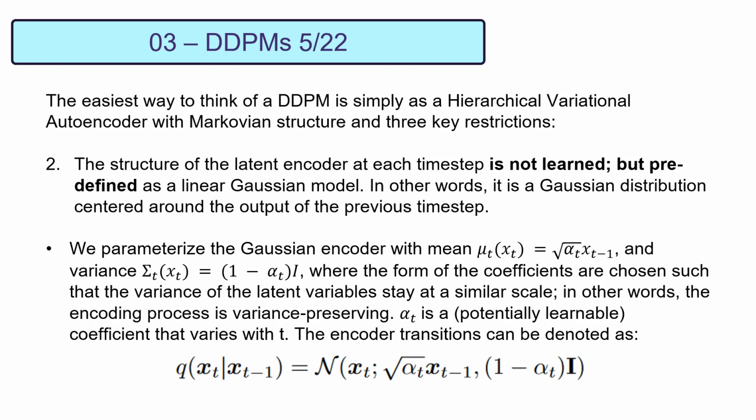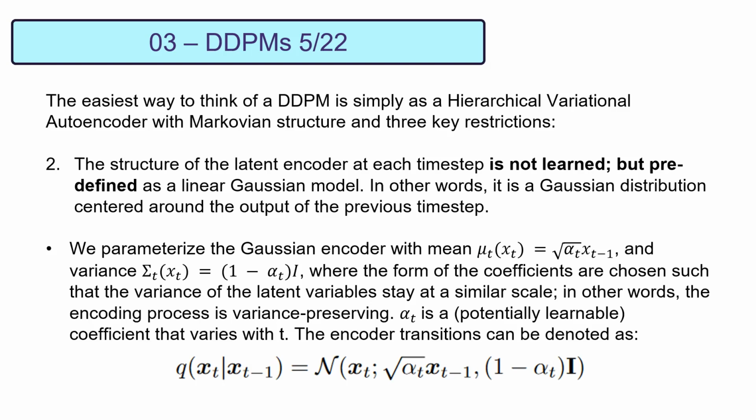If you have a linear schedule, alpha goes from 1 all the way to 0. So the alpha final is 0, which means that the final output is going to have a mean of 0, 1 minus 0 is 1, and it has the covariance matrix of the standard Gaussian. So alpha is basically just a linear schedule in the simplest case.